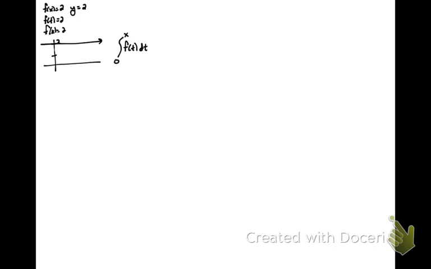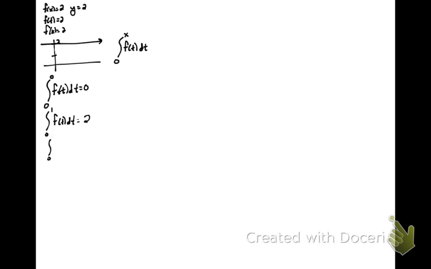Here's what I mean. If you were to consider this thing from 0 to 0 of f of t dt, you would get 0. There would be no area to consider. But from 0 to 1, this is now changed to 2.